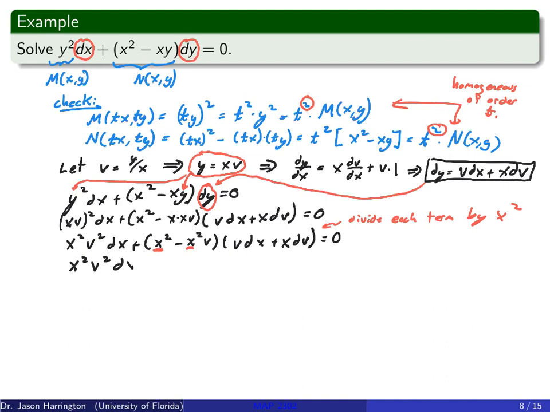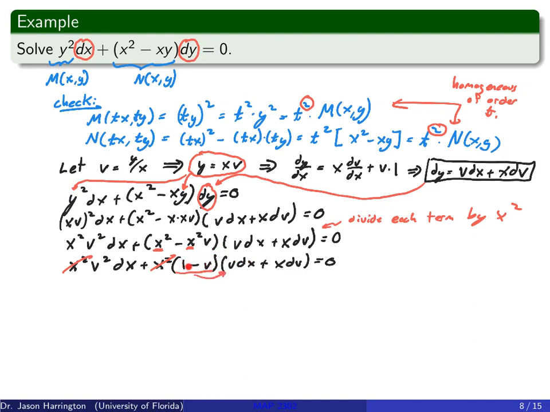So once I do that, and I'll factor out the x squared so you can see it, I'll be left with 1 minus v for this particular term, and the rest of it is v dx plus x dv. And here I've crossed out the x squareds. All right, so now I'm going to be distributing this to each term.